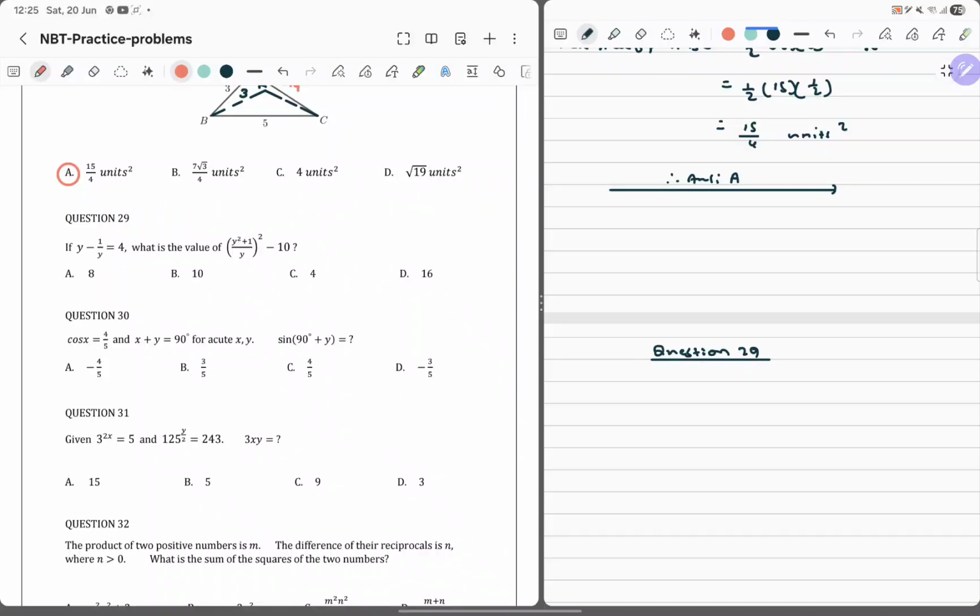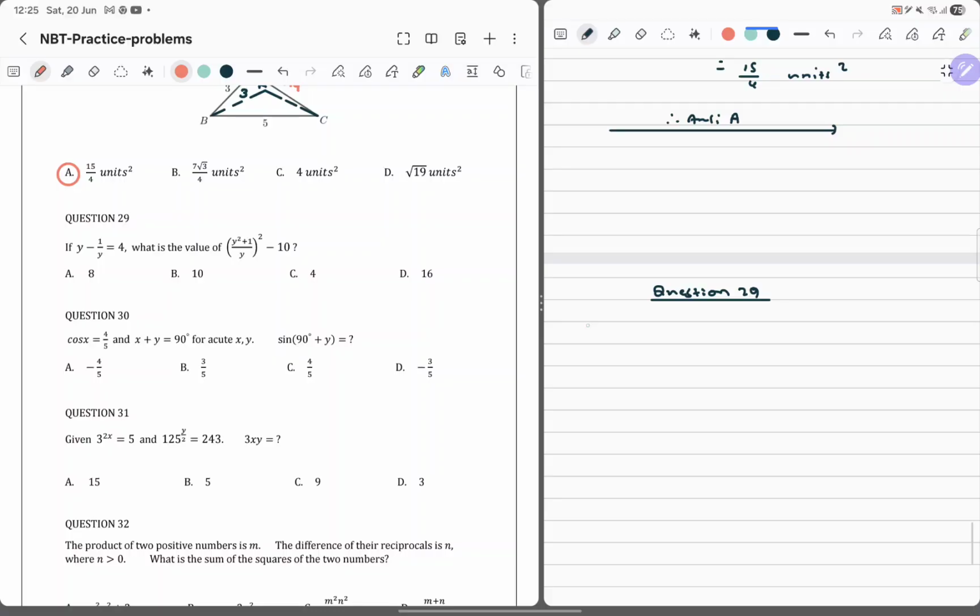Question 29 says, if y minus 1 over y is equal to 4, what is the value of this thing? Hey, I wanna get this question. So let's say y minus 1 over y is equal to 4.